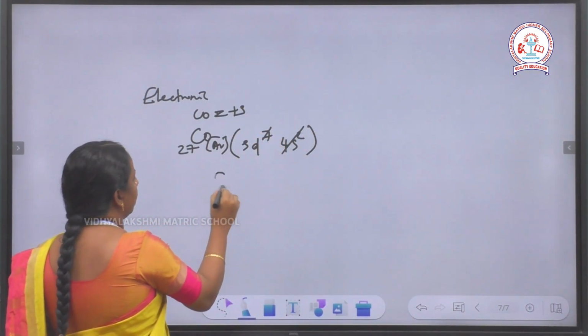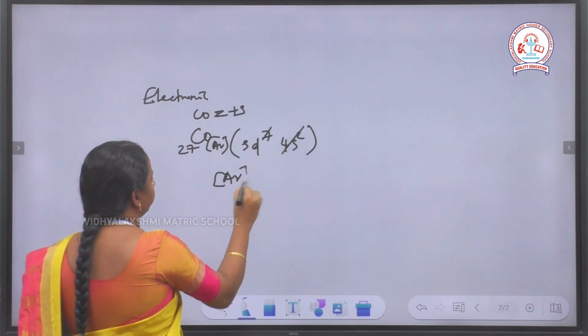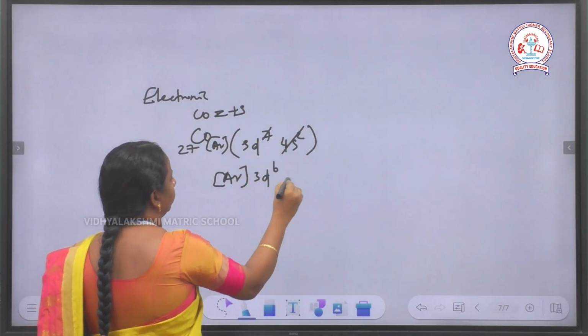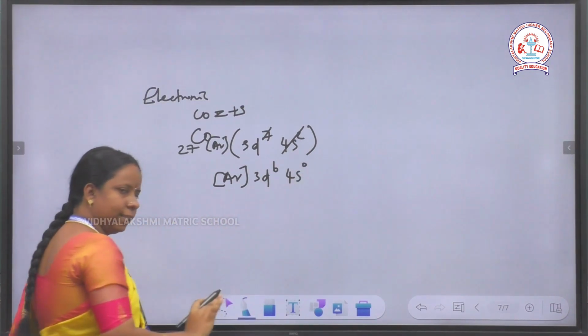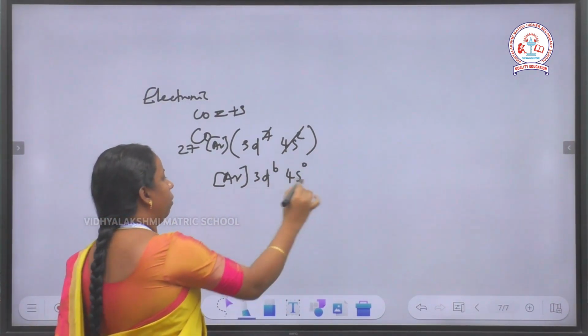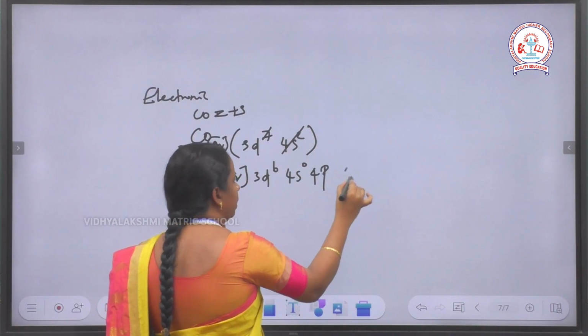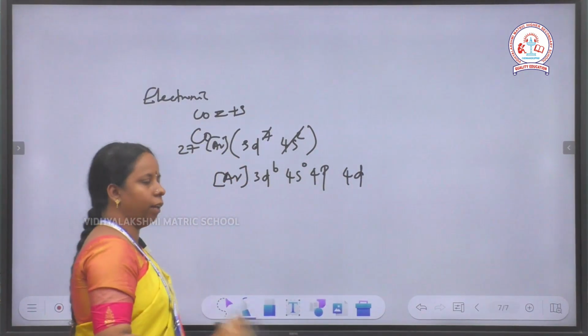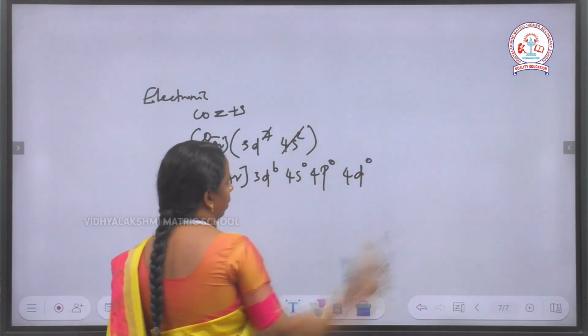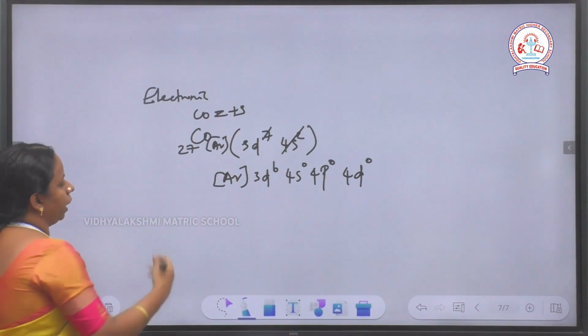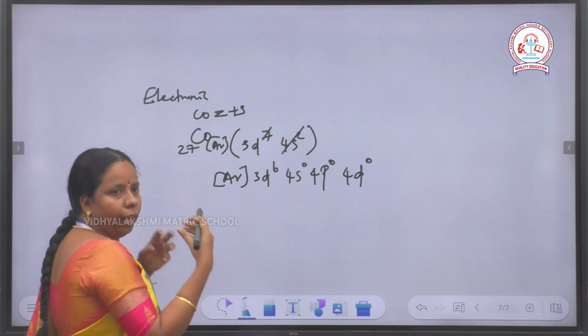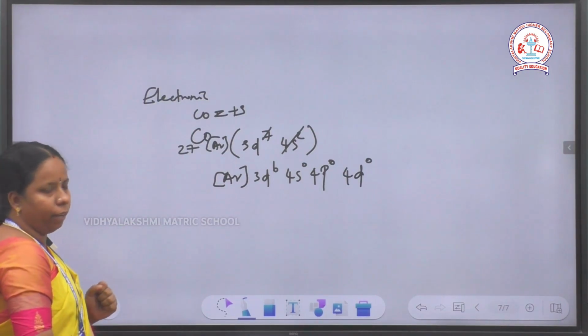So, we get the answer argon 3d6 4s0. 4s present but no electron will be there. 4p also present, no electron is there. 4d also present, no electron will be there. So, you can put 0 0 like this, right. So, then draw the actual electronic configuration orbital level.